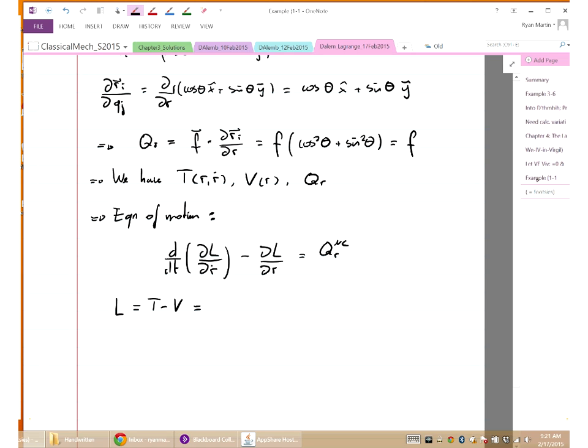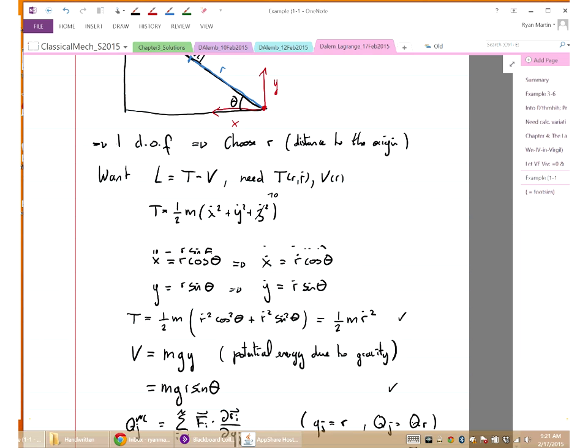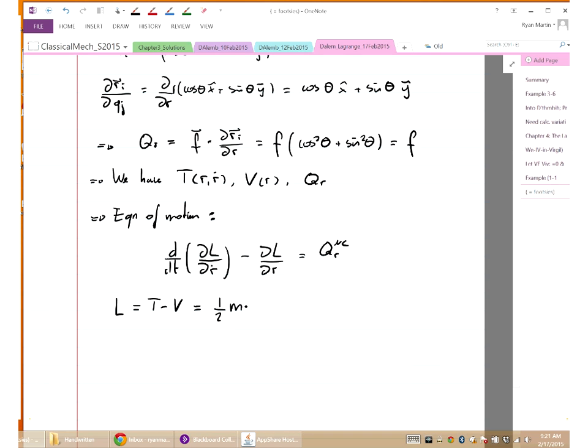Alright, so L is T minus V. So T we had up here was a half m r dot squared. I'm going to remember my V, which is mgr sine theta. So T minus V is a half m r dot squared minus mgr sine theta.